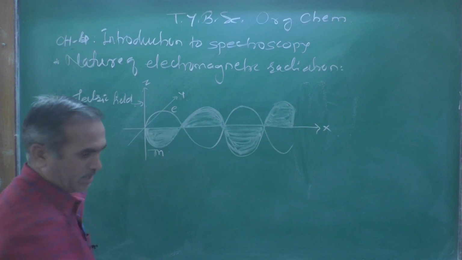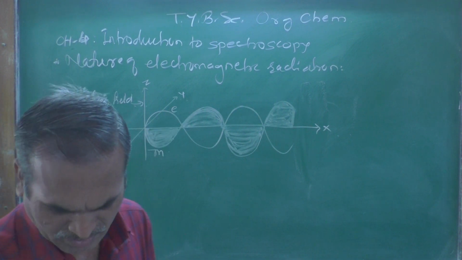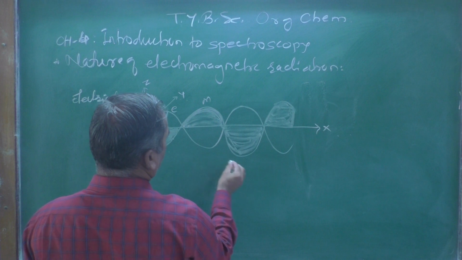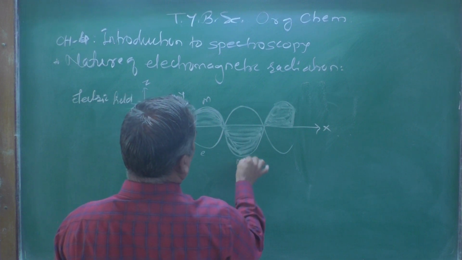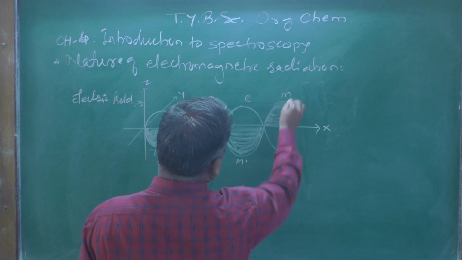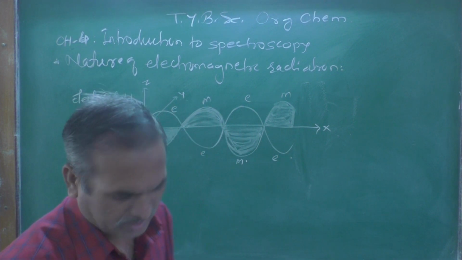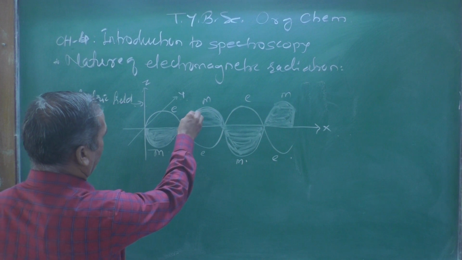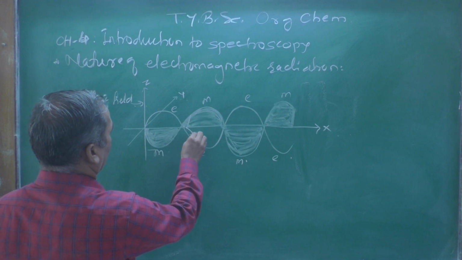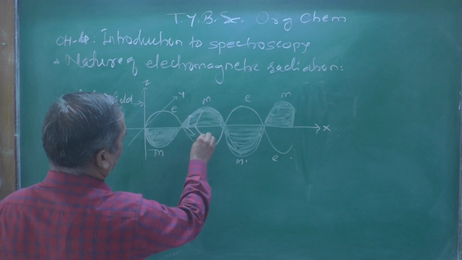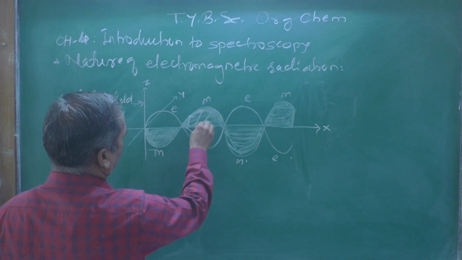E is the electric field. Magnetic field, electric field, magnetic field, electric field, and so on.